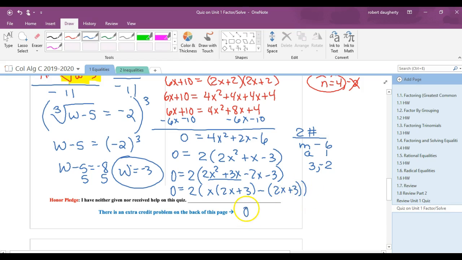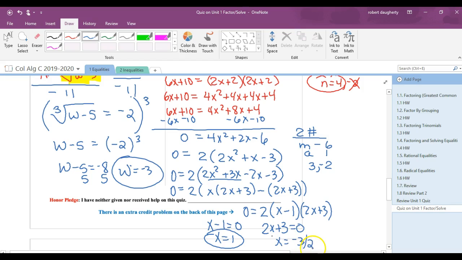This gives me 0 equals 2 times x minus 1 times 2x plus 3. When I set each factor equal to 0, x minus 1 equals 0 means x equals 1, and 2x plus 3 equals 0 tells me that x equals negative 3 halves.